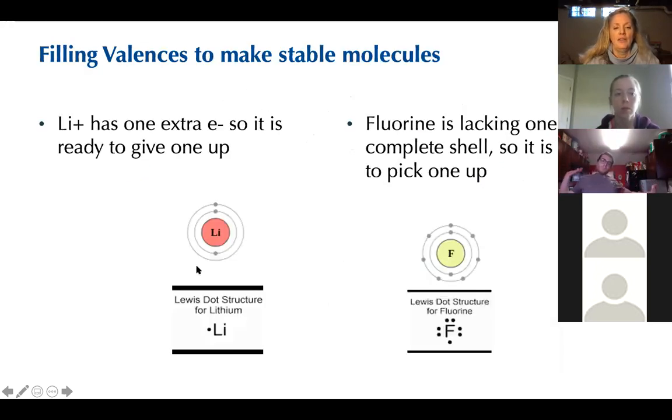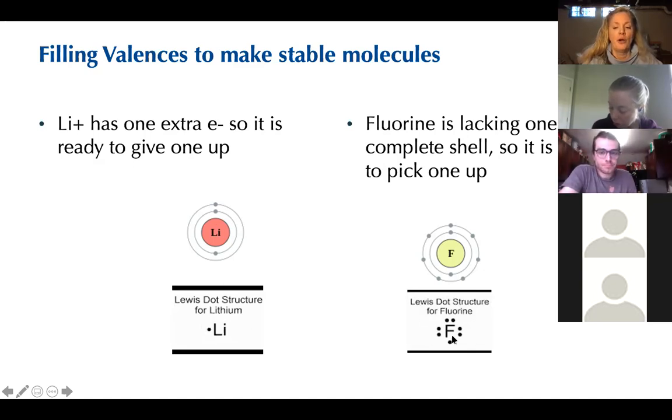And so lithium has this one extra electron, and I know these slides are repetitive, but this is so you can go back to it and look at it at home, and fluorine is going to pick up the extra electron. Before it gives up its electron, we can write it as a Lewis dot structure, and you can write what the outer orbital looks like. And this is usually easy for a lot of people. So you can write lithium with its one extra electron out here.